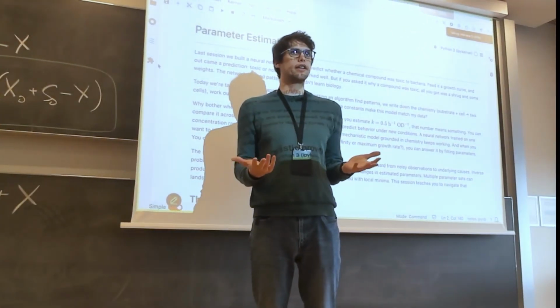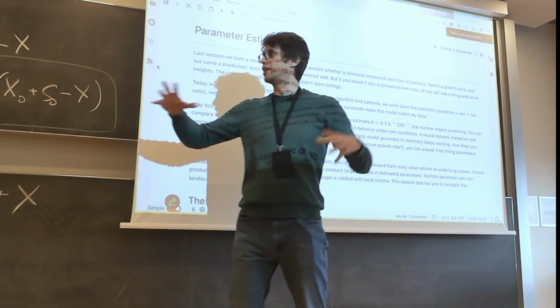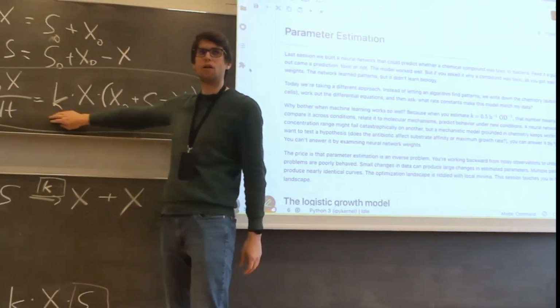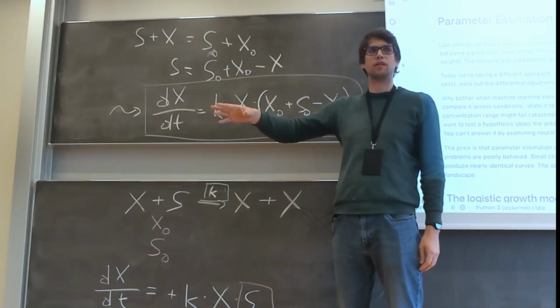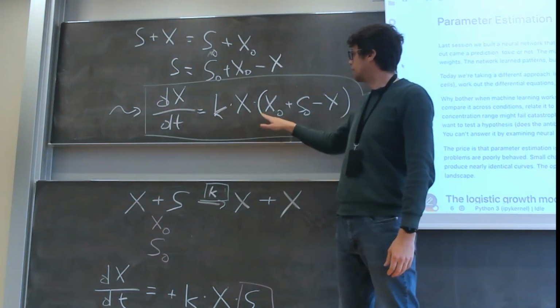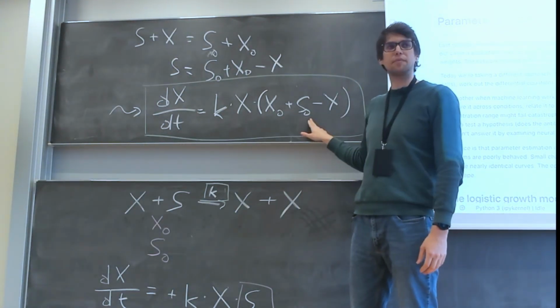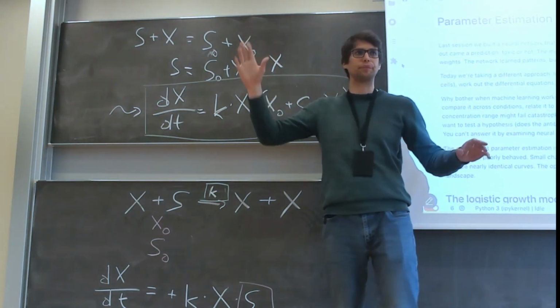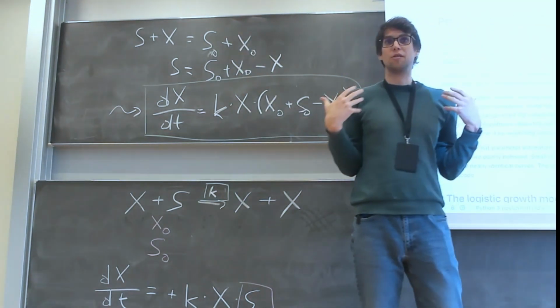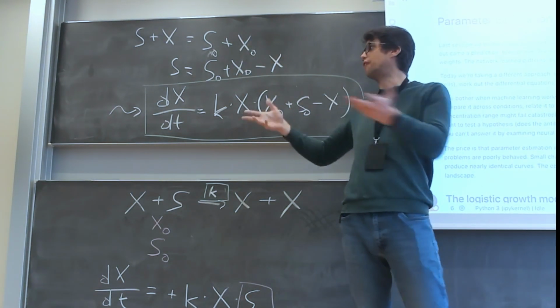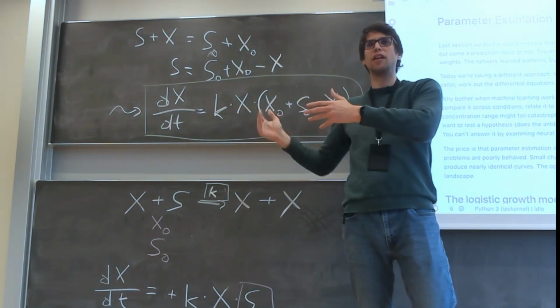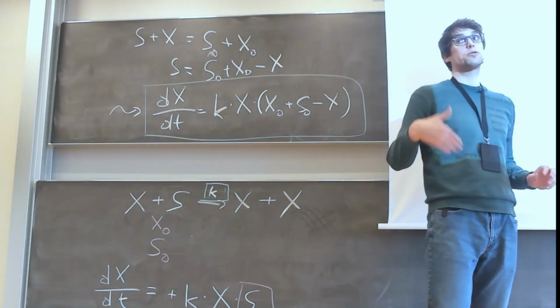What is synthetic data? It's where we take the same mathematical model and we simulate it with values that we know. Like we fix some k, we fix some x0, we fix some s0, and then we can just simulate. And then we can see whether we can be clever enough to find these parameters back again. And the second step, we'll apply this to experimental data.